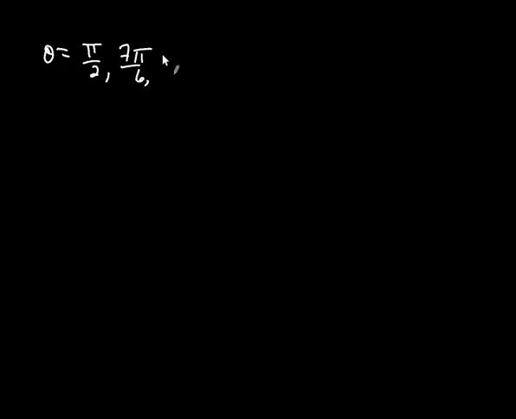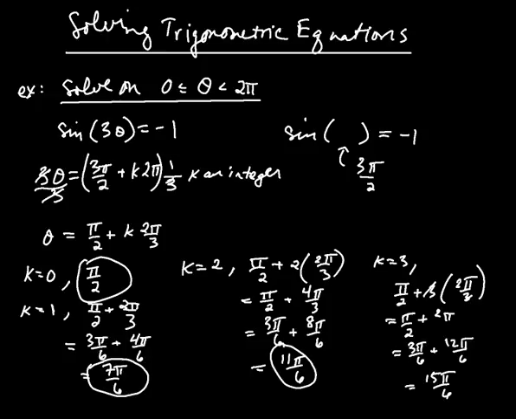Okay, so these were solutions to our original problem, right? Our original problem was, keep in mind, it was sine of 3 theta equals -1.